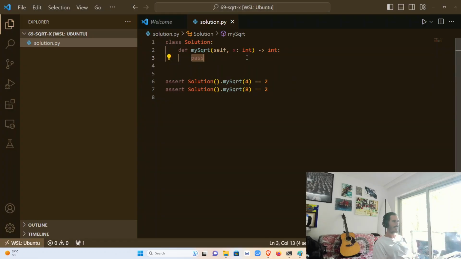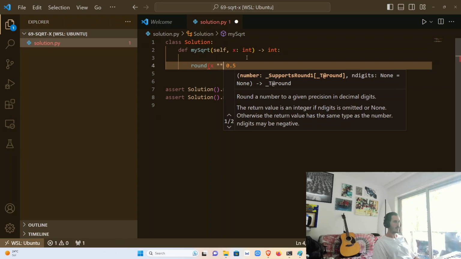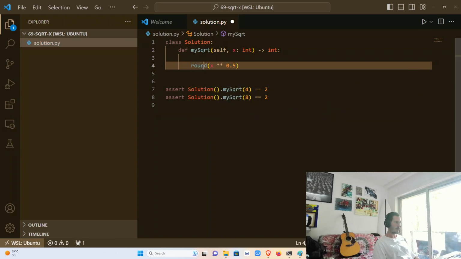So what they're saying is, yeah, we could do something like, in Python, the square root is x to the power of 0.5, and then we would just round. Actually, not round, but I think it's floor.